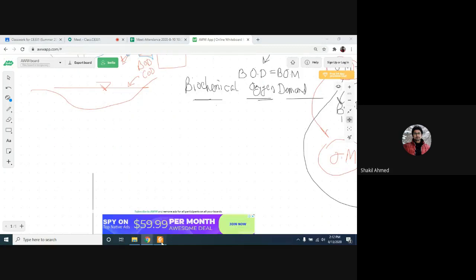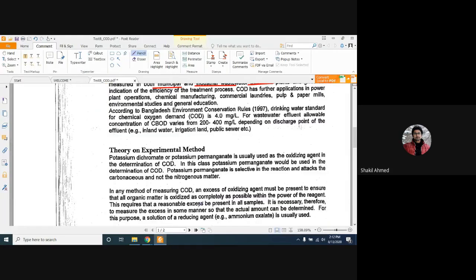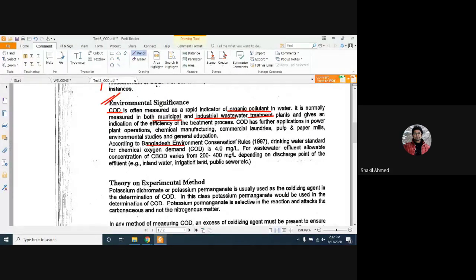What is the limit? According to Bangladesh Environmental Conservation Rule, drinking water standard for chemical oxygen demand is 4 milligram per liter. It cannot go beyond 4 milligram per liter. For wastewater effluent, allowable concentration of CBOD varies from 200 to 400 milligram per liter.